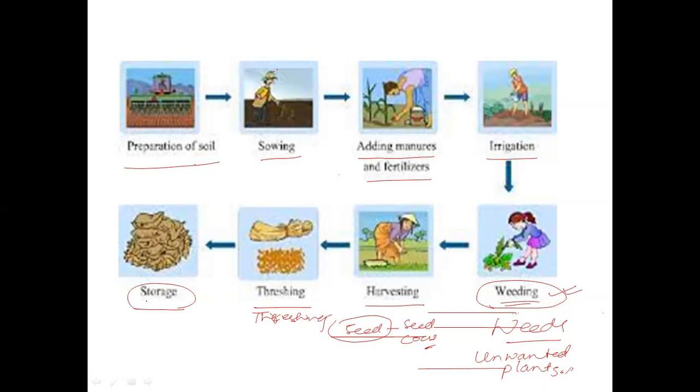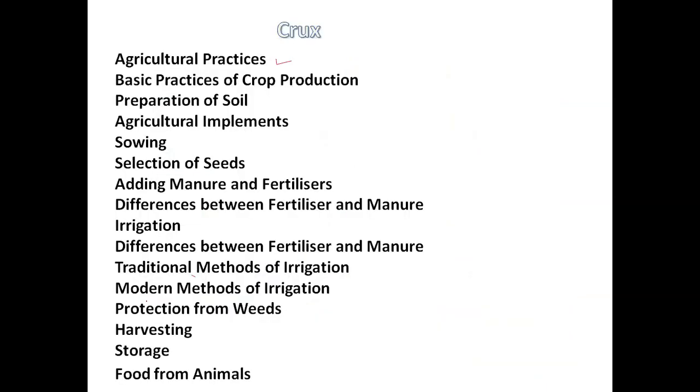We are going to discuss them in brief. Each step we will discuss. First, let's get a look at what we are going to revise in this chapter. You must have already studied this chapter. Agriculture practices. So what are the basic practices of crop production? The first basic process is what?